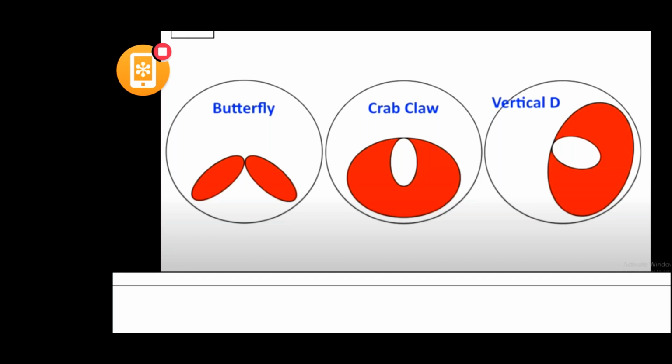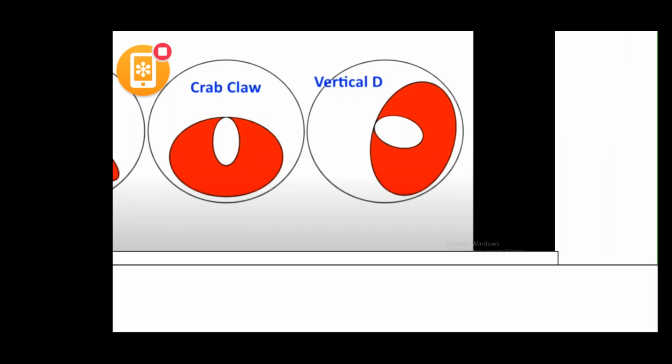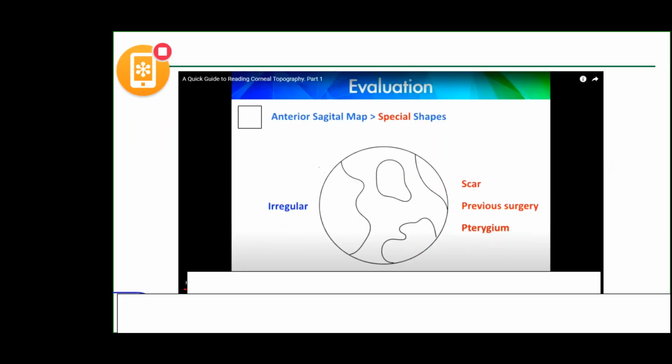And you can see it in pellucid marginal degeneration. So this is the very, very irregular type. You can see it in late keratoconus, or could be a scar, previous surgery, or a pterygium. That's not giving you a very proper corneal topography. It's an irregular topograph.